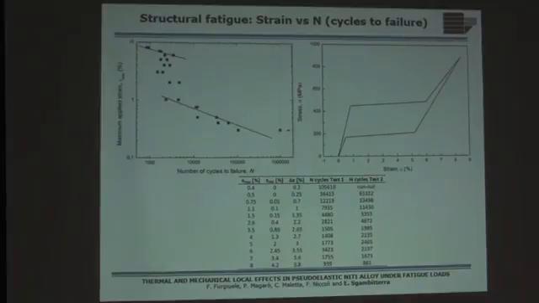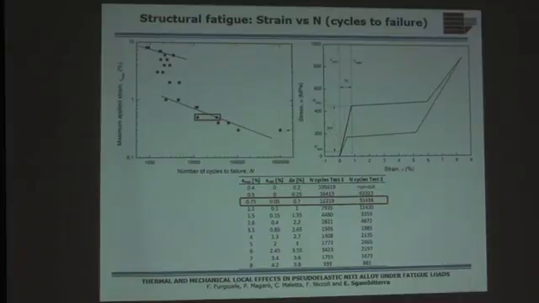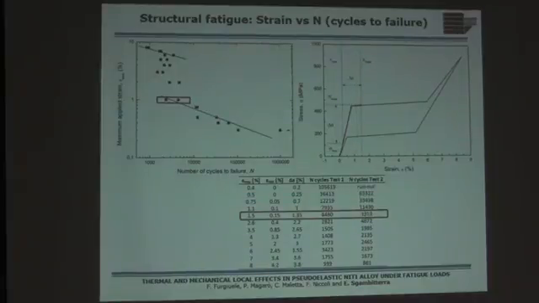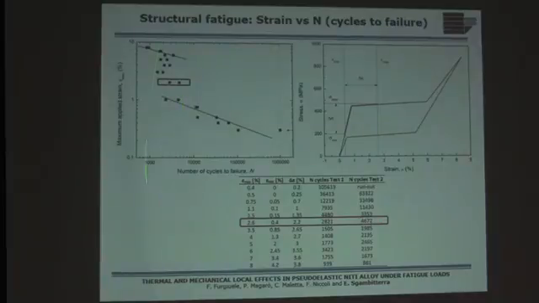The very strange thing is that when you work far away from the stress plateau, the material seems to show a behavior very similar to the most common metals. When you go inside the stress plateau, the material starts to show a very strange behavior. You increase the applied strain, but there is no big change in terms of fatigue resistance.